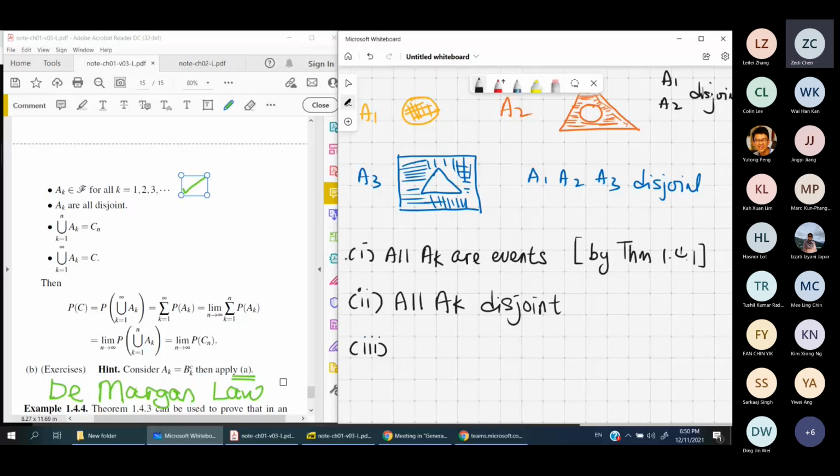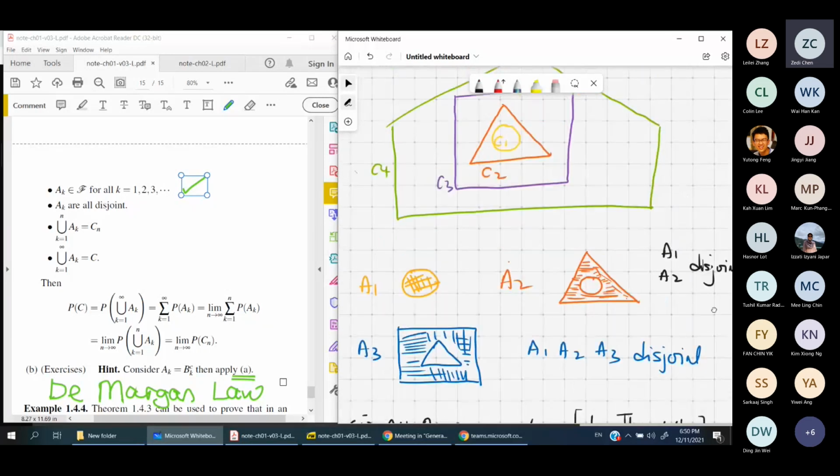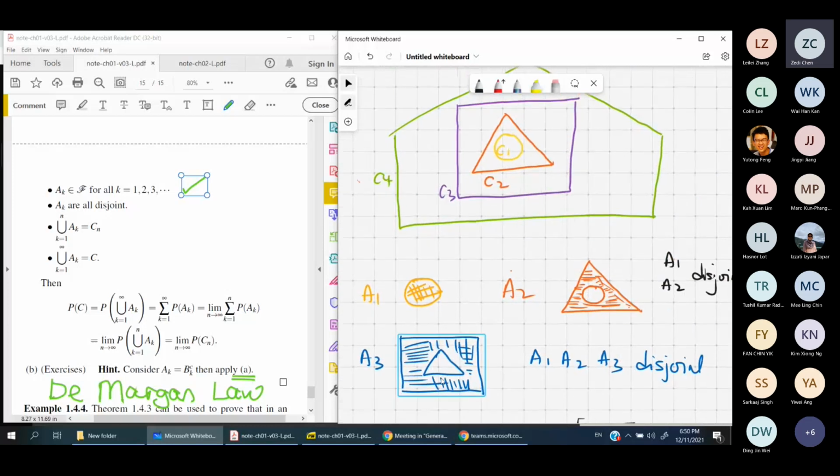Okay, and number 3, do you agree? C1 is equal to A1. C2 is A1 combined with A2. So go back to our graph picture here. If we combine A1 and A2, we get back our triangle. So that is our C2, right?